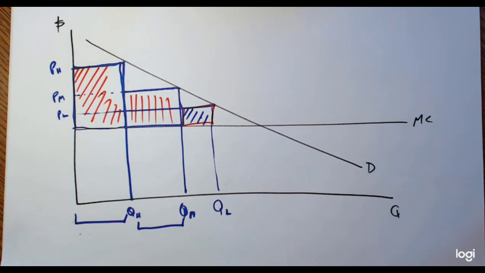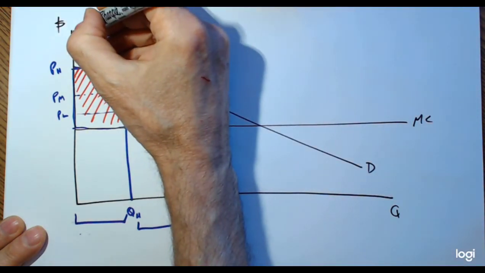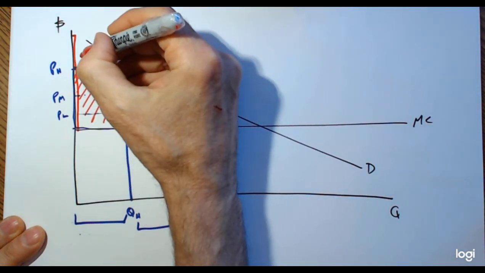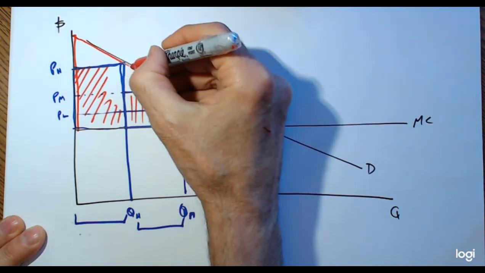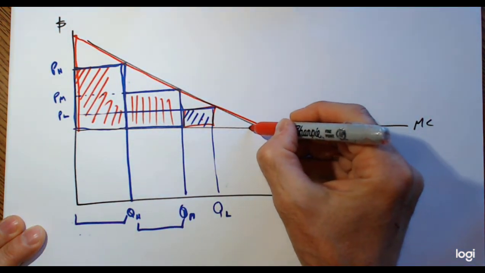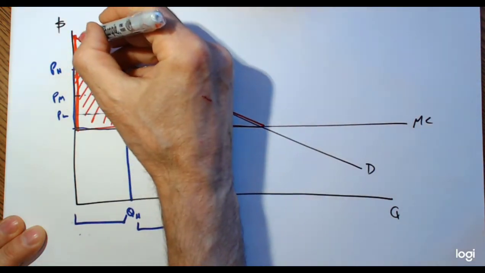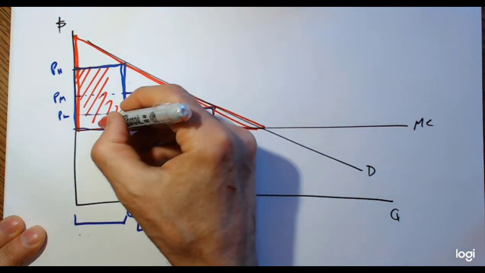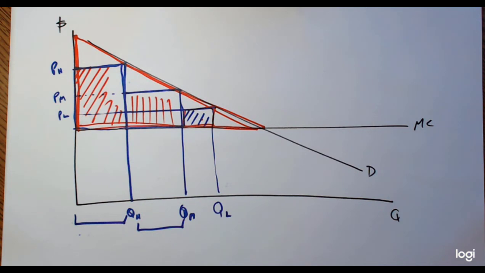So if they could charge an infinite number of prices, they'd be charging a high price here, collecting all this profit, and they'd be able to gather profit the entire way through. This entire wedge right here would be profit to the monopolist. That's a monopolist's dream, to be able to segment various customers based on their willingness and charge an appropriate price for each one of them based on their willingness to pay.